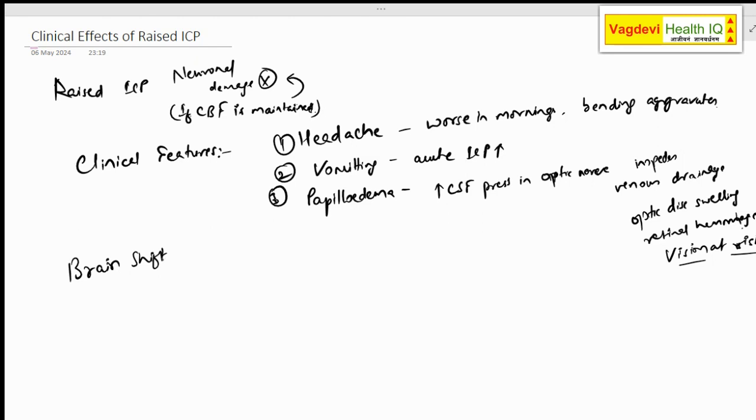to understand the conditions related to it. So first of all, brain shift types we will see. What kind of brain shift could be? First is central. Then there is something called lateral.